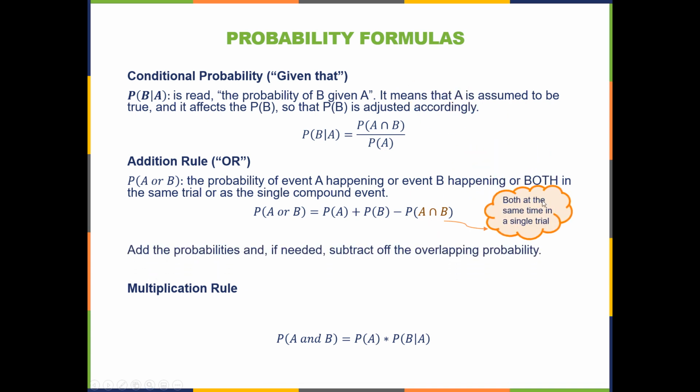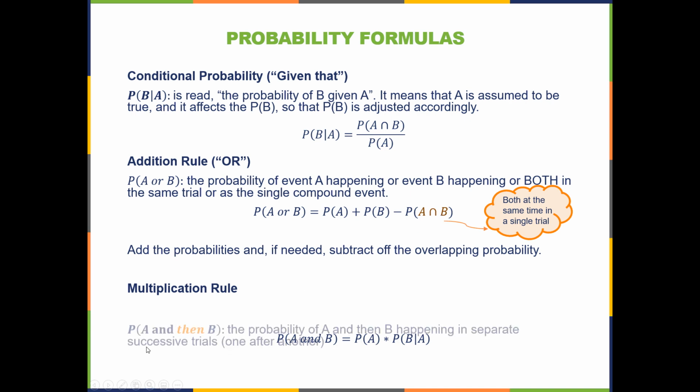Okay, so both at the same time in a single trial. So we add the probabilities and, if needed, subtract off the overlapping probability. Now, it says if needed. That's because sometimes event A and event B are mutually exclusive, which means they cannot occur at the same time, making the probability of them occurring at the same time impossible or zero.